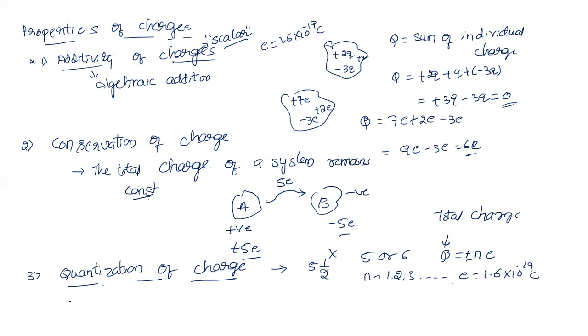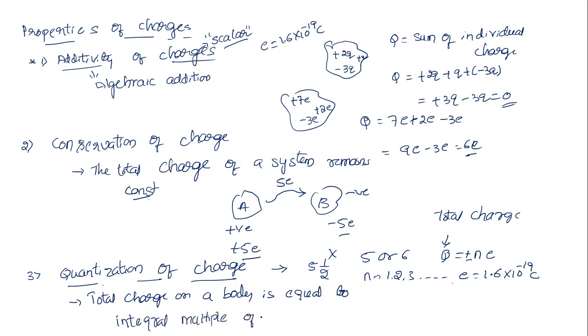So I can say the total charge on a body is equal to an integral multiple of the elementary charge. Okay, so this is the formula we're going to use.